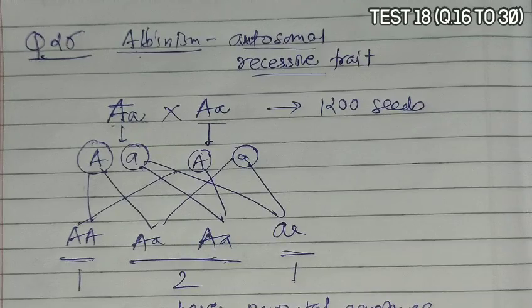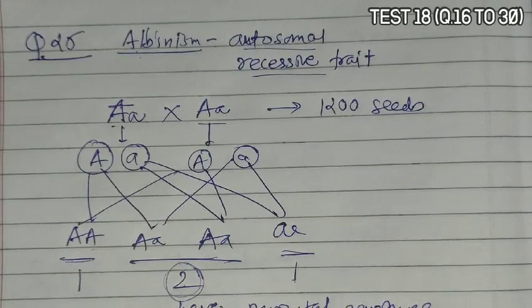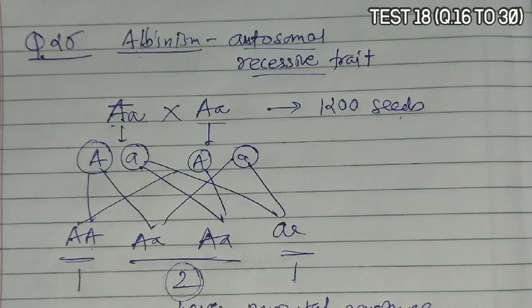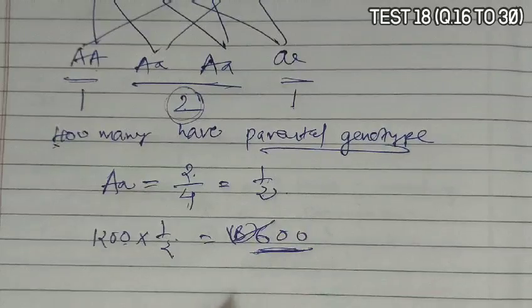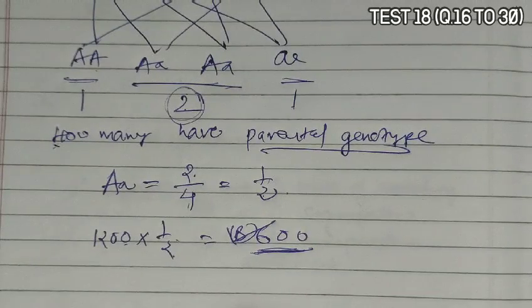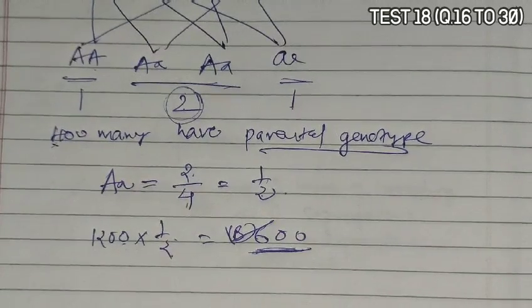If 1200 seeds are subsequently generated, how many seedlings would have the parental genotype? Out of 4, 2 have the parental genotype, so 1/2, 50% of the population. So out of 1200 also 50% will have the parental genotype. So 600 is the correct answer, option B.